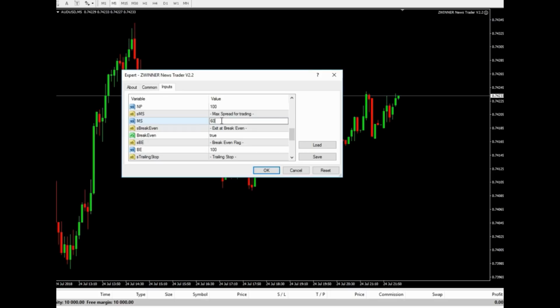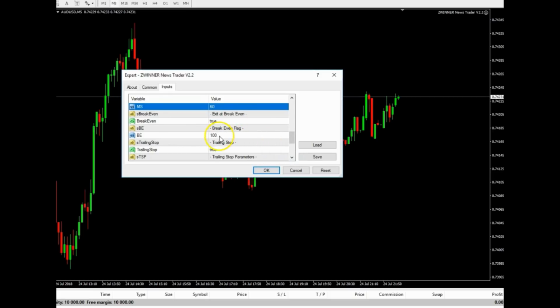If the broker increases the spread more than 6, then my robot will not put in the trade. If it's less than 6, it will put in the trade. Exit at break even: yes, we exit the first one at break even, and for the second one we will be using the trailing stop.